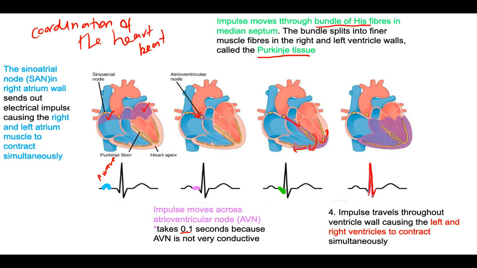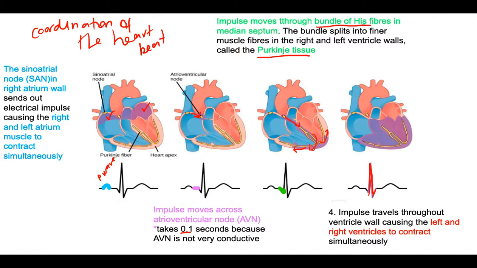So this is the cardiac cycle. Sorry, this is how the heartbeat is coordinated in 4 steps. So first of all, in your right atrium, you have some tissue called the sinoatrial node.